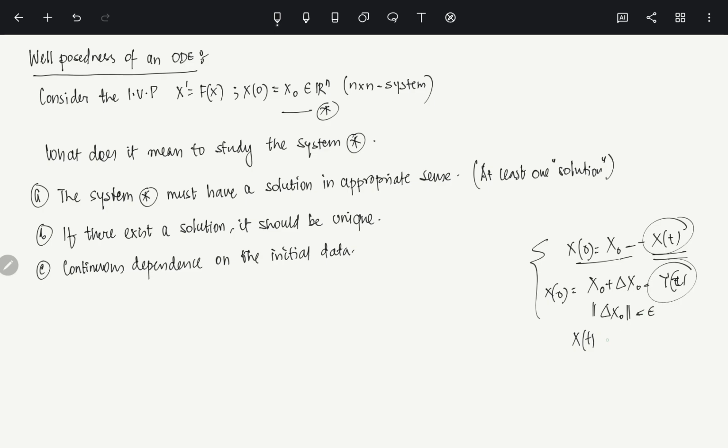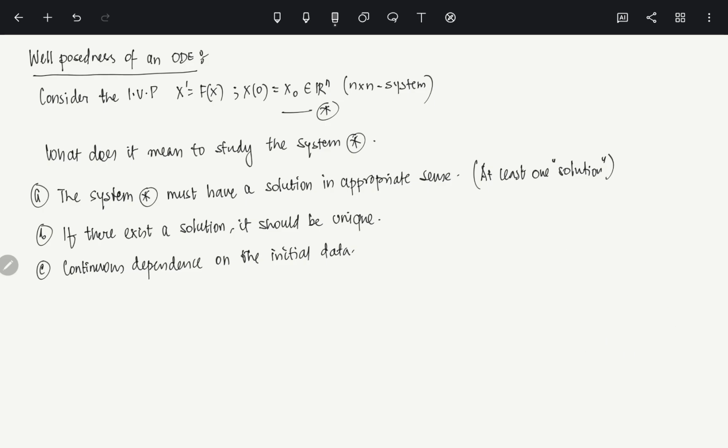So essentially, if you change the data a little bit, you also expect your solution to change a little bit, right? All of this I will make very precise in a minute or so, but you do understand the concept. This is a very, very important property.